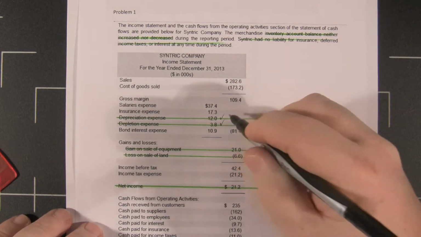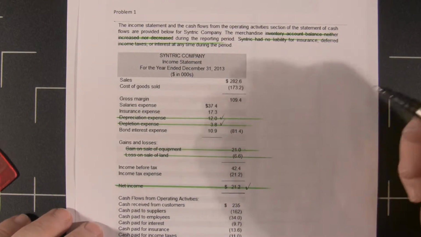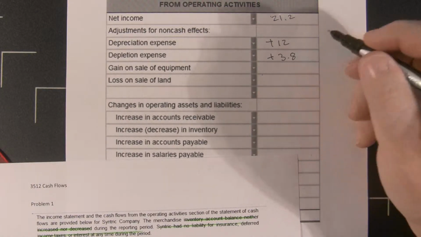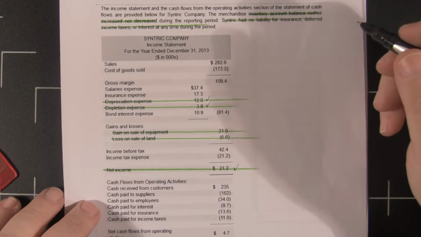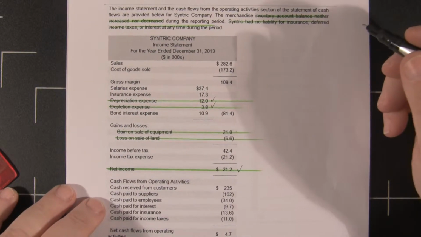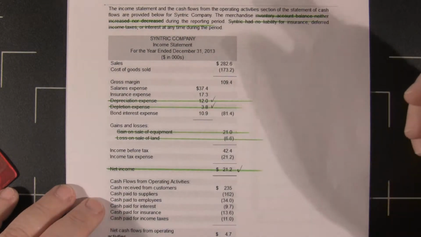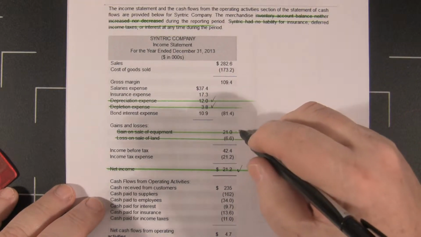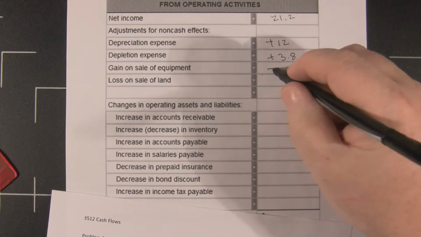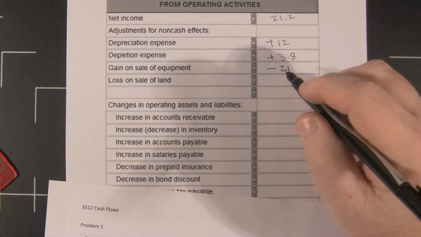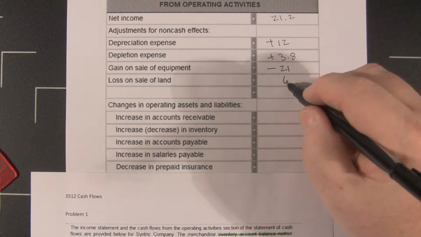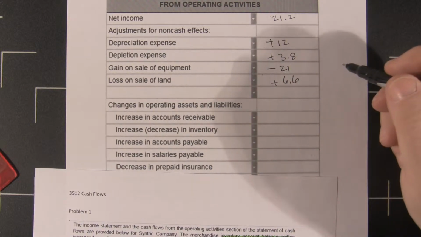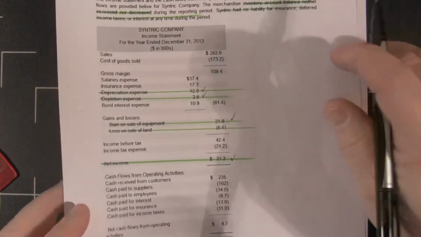So we're taking care of that. The gain, we have to subtract out of the operating section and put below in the investing section. So the gain was 21, so we need to subtract that. And the loss was 6.6, so we have to add that. So that's a start. Now let's go through and take a look.